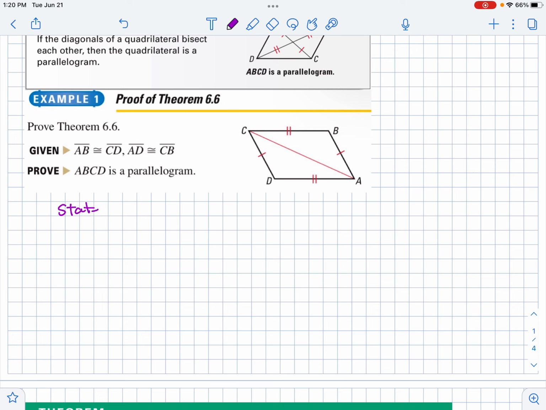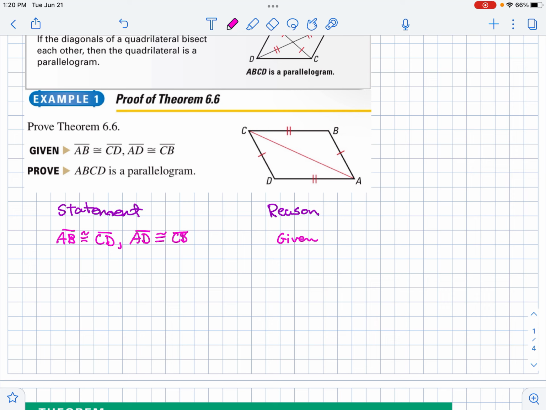We have a statement, and we have a reason over here. Okay, now first of all, we're given that AB is congruent to CD. This is just given, so we get this out of the way first. AD is congruent to CB. And that is just given. Now, I want to show that shape up there is a parallelogram.